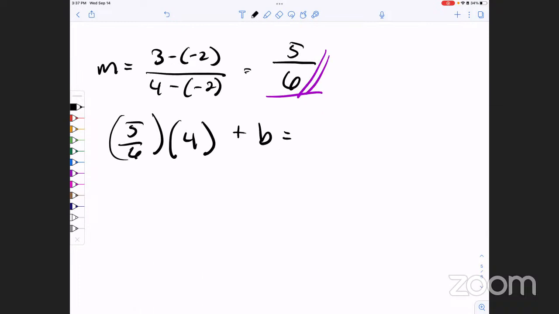Okay. So then ultimately b is going to be, that becomes what, 2 over 3? So 10 over 3? 10 over 3.